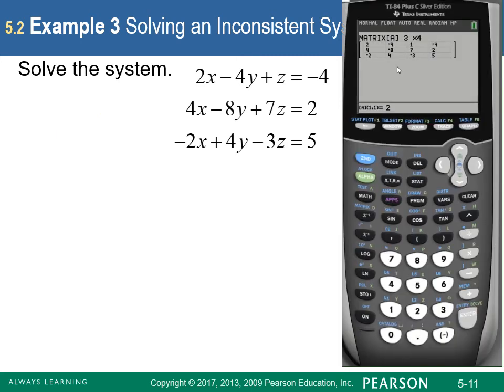By now, you should have the typing of the matrices down pretty well. So I have already entered this matrix. I will go back to the home screen. I will do the RREF. Notice the bottom row, all zeros except for the last number. That means there's no solution.